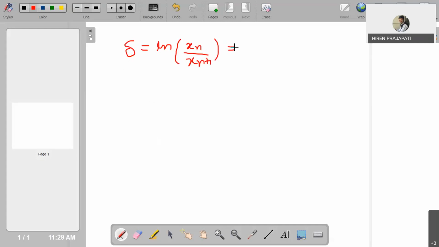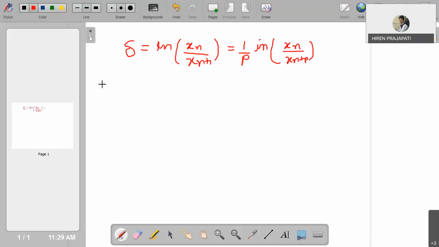If you are taking the ratio of amplitudes more than one cycle apart, then we need to consider 1 by the number of cycles, natural log of x_n divided by the amplitude after a number of cycles, x_(n+t).